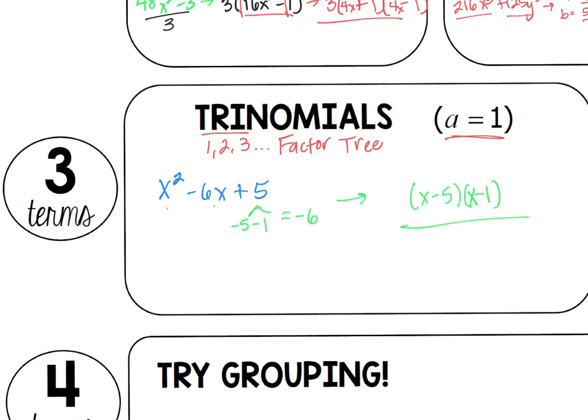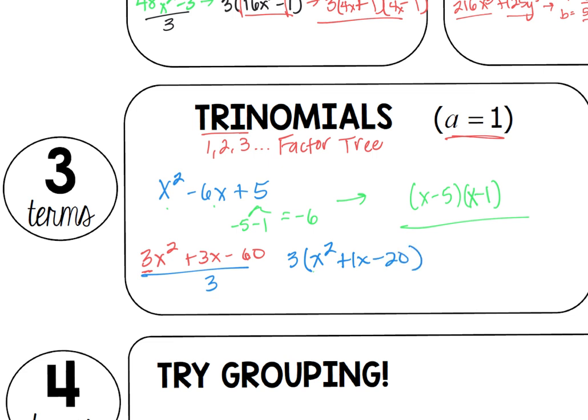Another example could be like 3x squared plus 3x minus 60. Okay, now I do have what looks like a leading coefficient, but I do not need to slide it. 3 can come out as a greatest common factor. It goes into 3, 3, and 60. So when we divide it out, we have 3, then parentheses, x squared plus 1x minus 20.